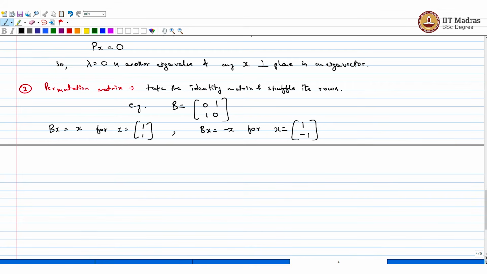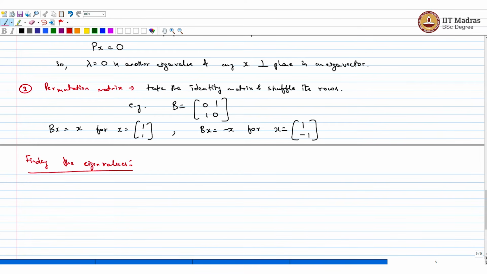But there is a more systematic procedure for finding the eigenvalues, and the procedure to adopt is the following. Let us start with the eigen equation. You have Ax equals lambda x, which is equal to (A minus lambda I) x equals 0, which is equivalent to saying A minus lambda I is singular, which finally leads to determinant of (A minus lambda I) equals 0.